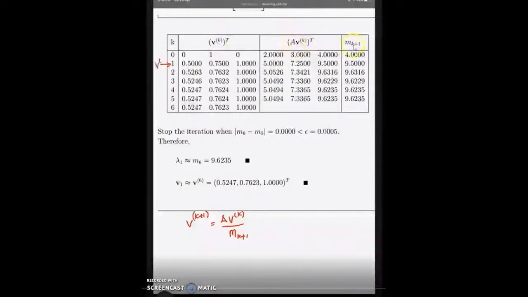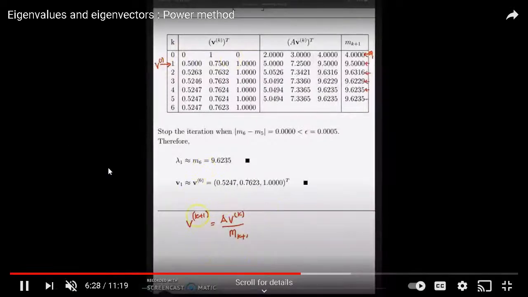From the matrix multiplication AV, which is the maximum value. 9.6235. When the difference is less than epsilon, you end the iteration to get V6. V6 is the eigenvector associated with the dominant eigenvalue.